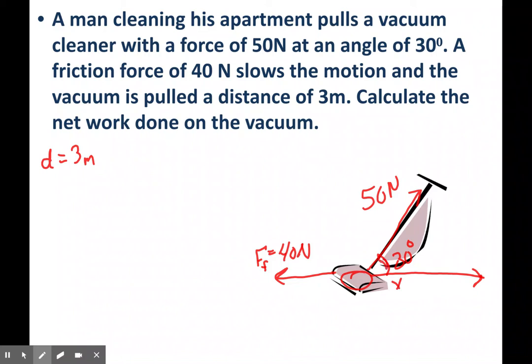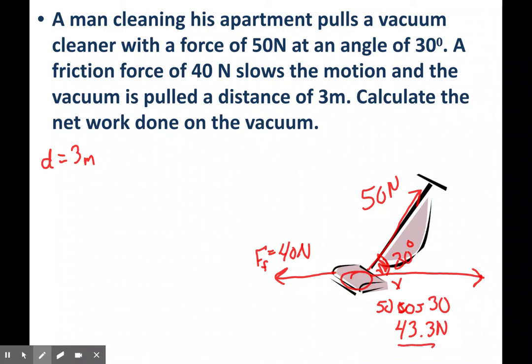So we need to find the X component of the force. Since here's our angle, we're going to use cosine. So 50 cosine 30, and that gives me 43.3. So it wants to know the net work done on the vacuum. Well, we need to know the net force.